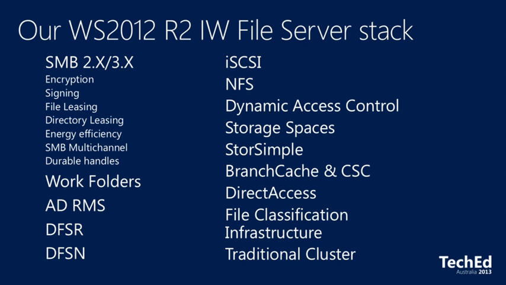Anybody use DAC yet? Dynamic Access Control. Oh, I want to use claims-based auth, or I want to deploy my security to all my servers at once. I want to change the security and not modify any files. It's a lot of sick stuff there. All enterprise and IW related. Storage Spaces, Storage Spaces, BranchCache, DirectAccess.